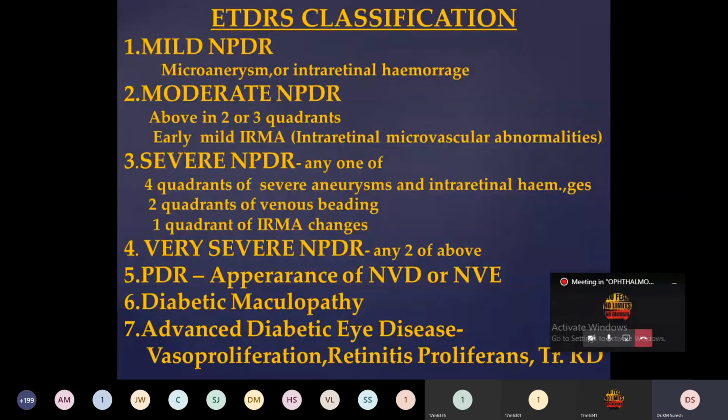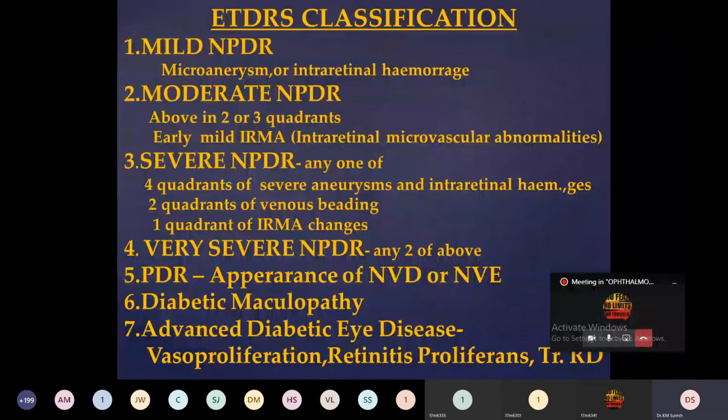Next popular classification is the early treatment diabetic retinopathy study classification, ETDRS. It classifies diabetic retinopathy into 7 groups. The first one is mild non-proliferative diabetic retinopathy, wherein you have only microaneurysms or intraretinal hemorrhage.